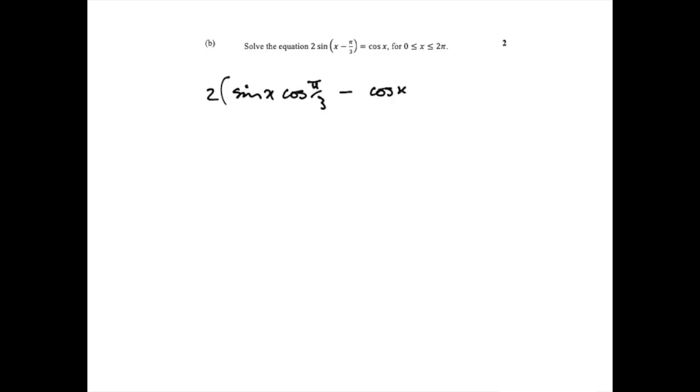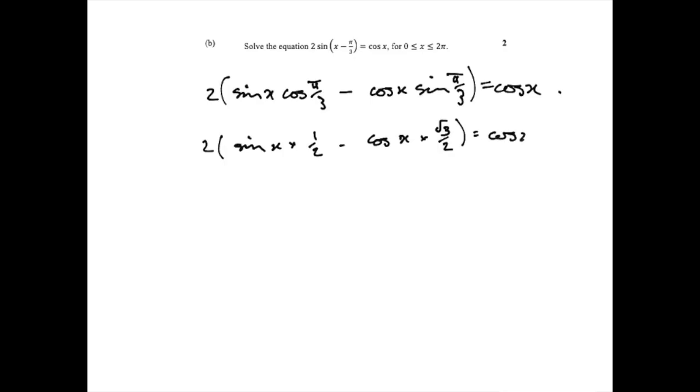So it'll be cos x sine pi on 3 equals cos x. And of course we know these values, so 2 sine x times 1/2 minus cos x, and sine pi on 3 is root 3 over 2, and that's cos x.